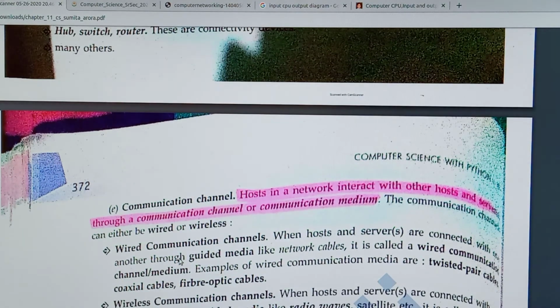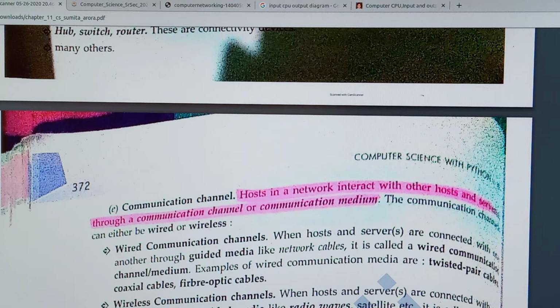Wireless means unguided media. Here all the devices are connected by wireless means like radio wave, satellite, etc. Microwave, radio wave, satellite, infrared wave, laser, etc. are the different types of unguided media. So this is commonly called a communication channel.